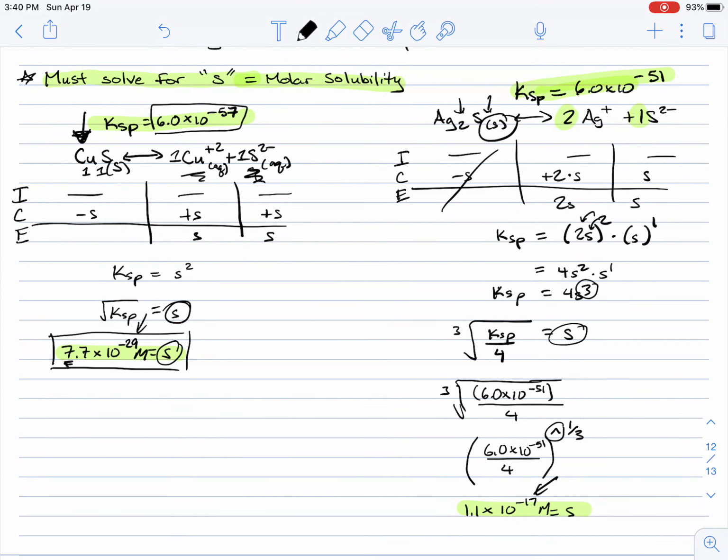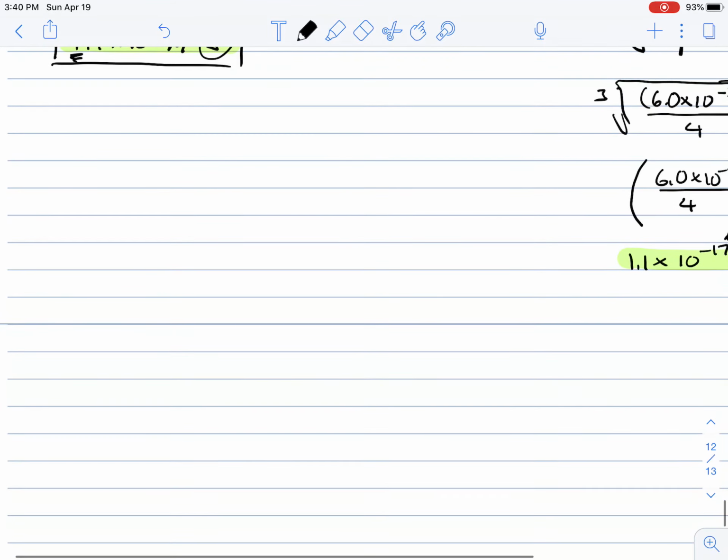And so we're going to determine what the molar solubility is for this substance. And once we determine the molar solubility for the substance, then we'll go ahead and look at all those values and start ranking them in decreasing order. So we have Bi2S3. And so the KSP is going to be 1.1 times 10 to the negative 73.